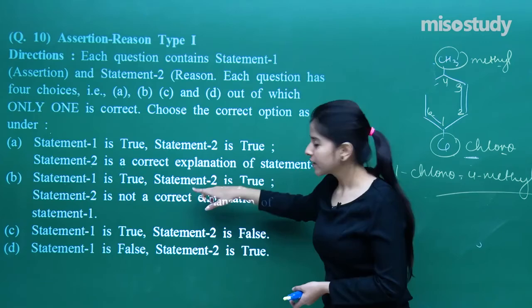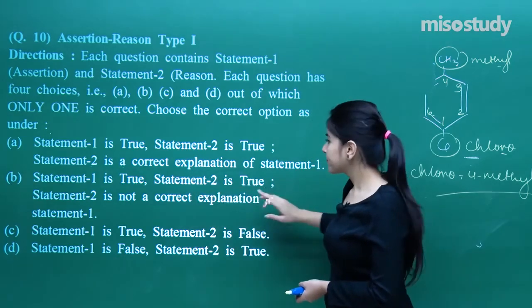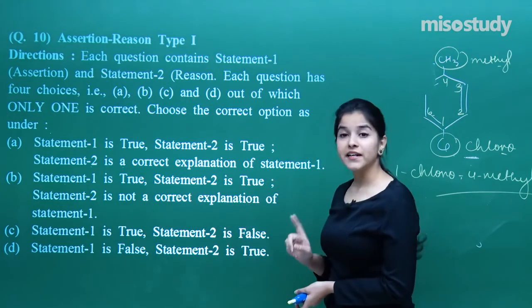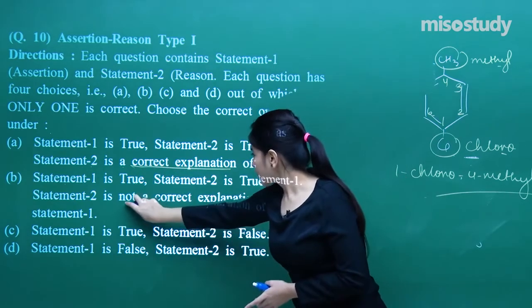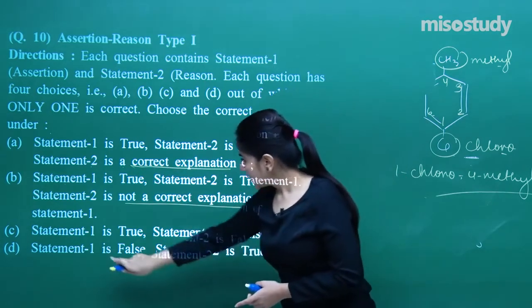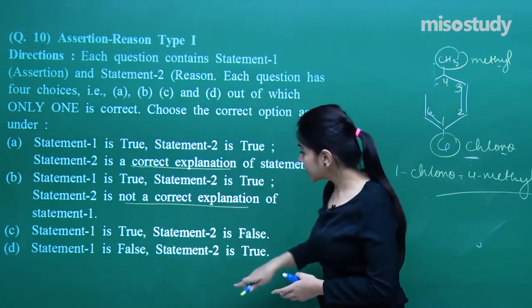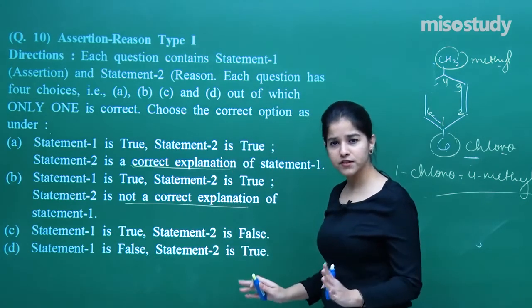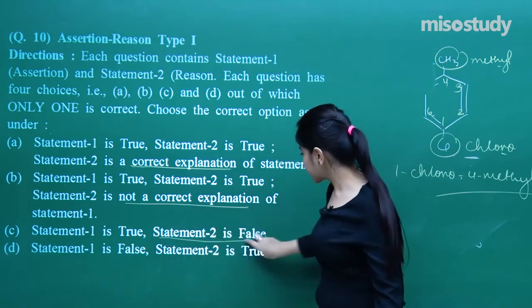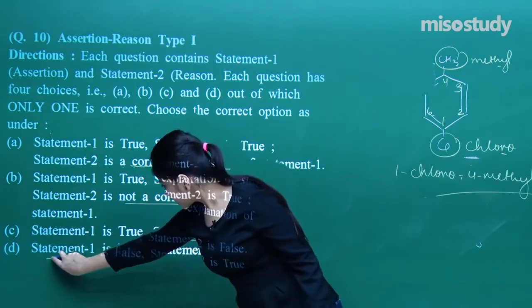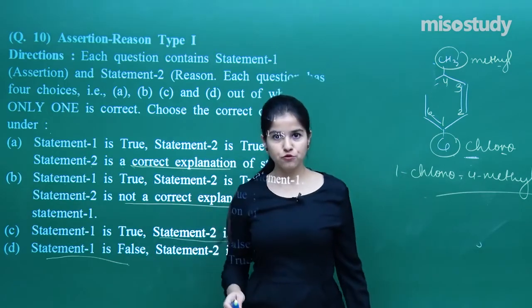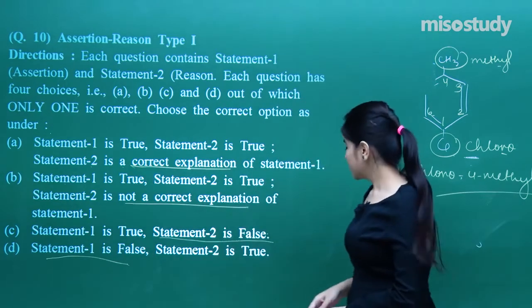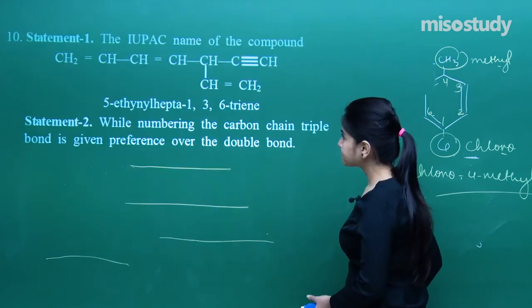Statement 1 is true, statement 2 is true, but statement 2 is not the correct explanation. Next is statement 1 is true and statement 2 is completely false. And statement 1 is false, the other will be true. So these are the options we need to choose in assertion reason. So let's move on.